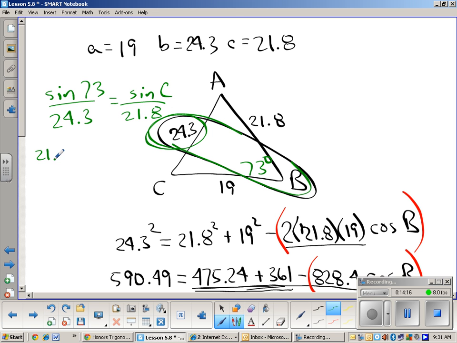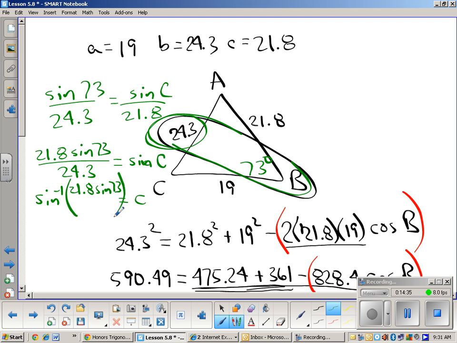And so 21.8 sine 73 over 24.3 equals sine C. So C is going to be the inverse sine... kind of getting into a mess here. And so now I'm using my law of sines because it's easier than law of cosines once I know I'm... okay.